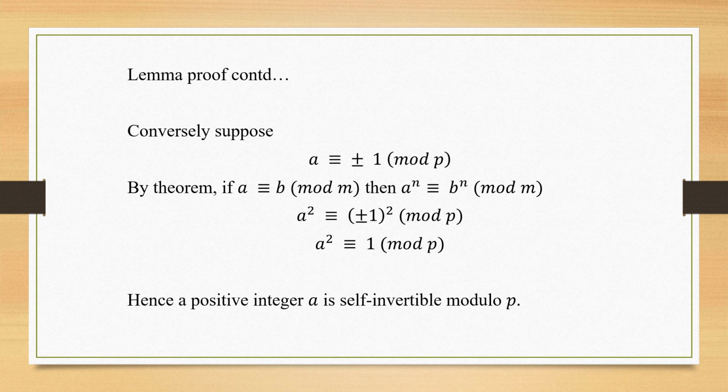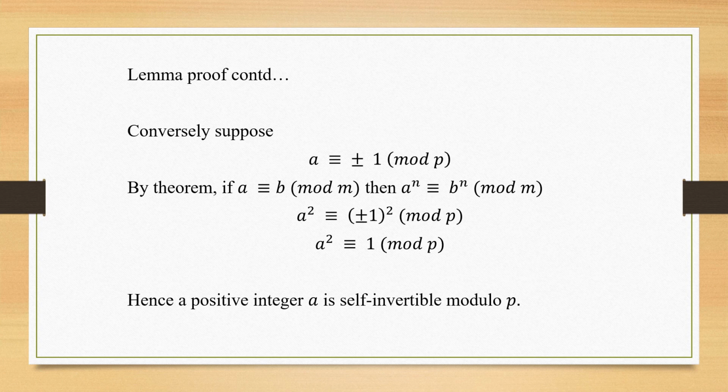Now, as we have assumed A is congruent to plus or minus 1 mod P, I am going to raise A to the power 2. A square is congruent to plus or minus 1 the whole square mod P. What is plus or minus 1 the whole square?